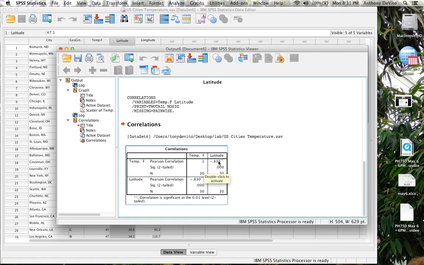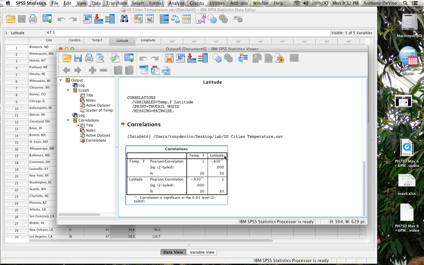In this case, Pearson's correlation, the R value, is equal to negative 0.83. Similar to the example before, same kind of correlation, but this time it's a negative correlation. As one value goes up, the other value goes down.